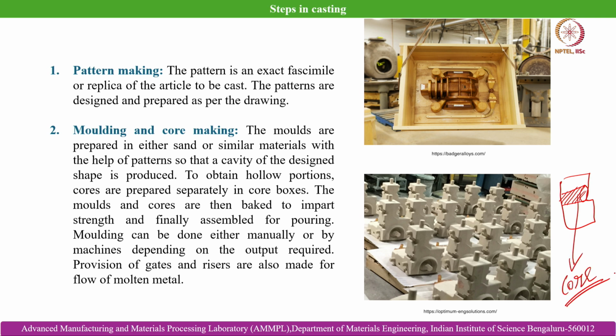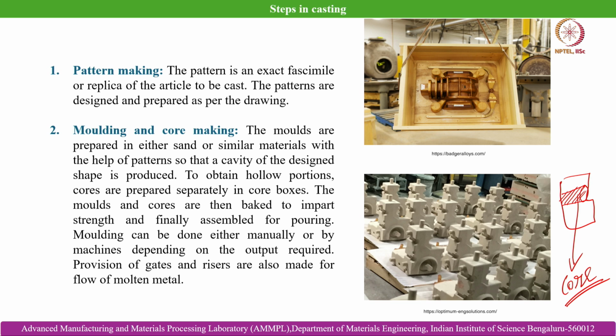Cores are generally made with a different grade of sand than what we generally use in mold making, because the core needs to have a higher mechanical strength than the mold itself, based on its location, which we will discuss later on.